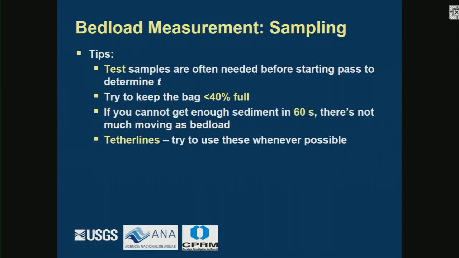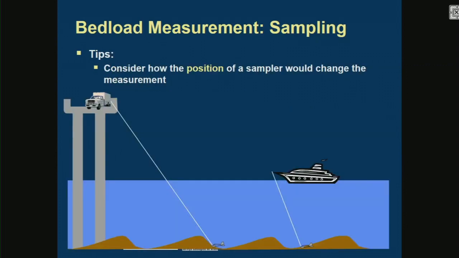And then the other thing, these tether lines are very important if you can do that. I didn't come up with this schematic, it's from this animation, but it gets at what's going on. If you're hanging off a bridge or off a boat and you don't have what we call a tether line, your sampler can dig into the bottom.